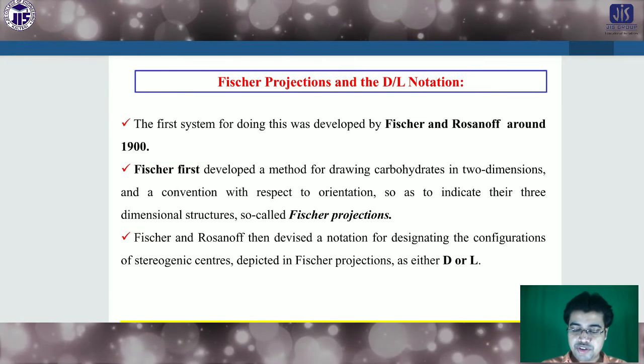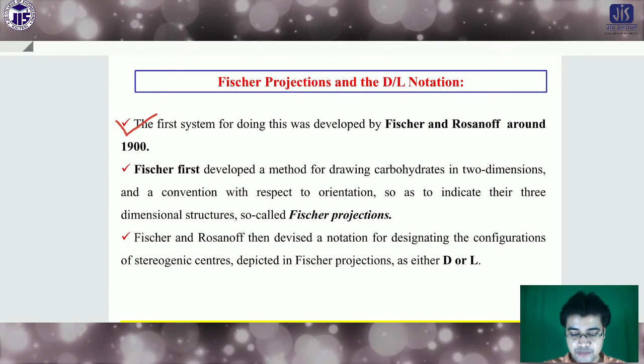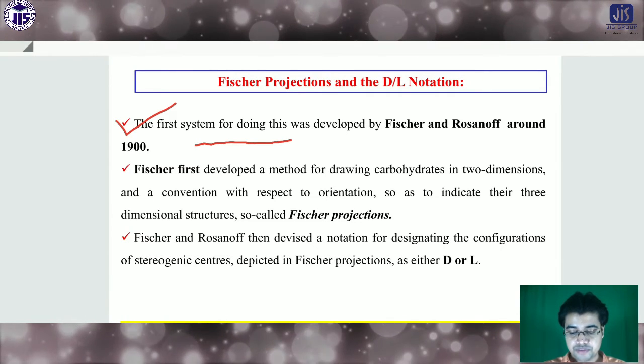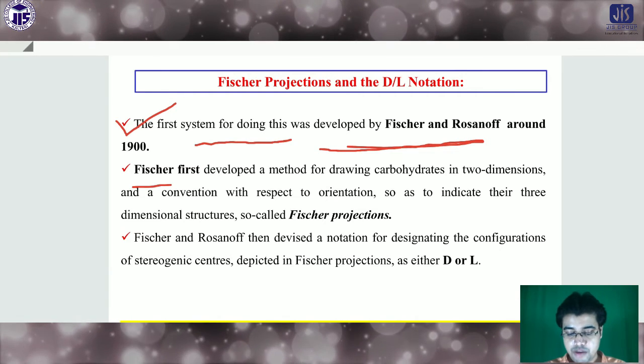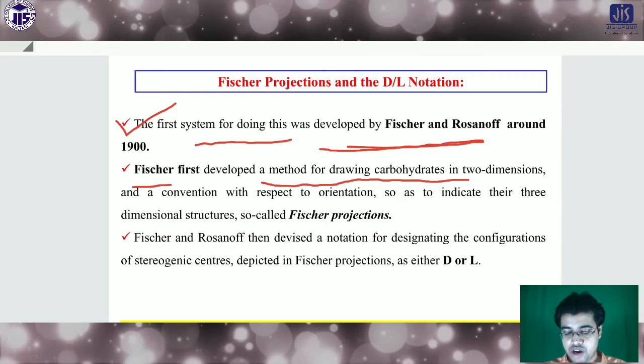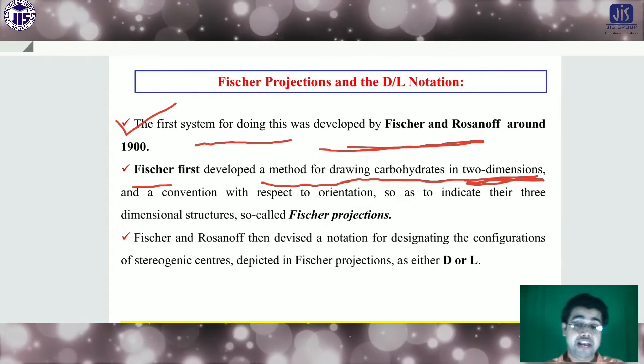First of all, in the Fischer projection, the first system for doing this was developed by Fischer, the name of the scientist. Fischer first developed a method of drawing carbohydrates in 2 dimensions. Carbohydrates are very big structures with so many atoms present.